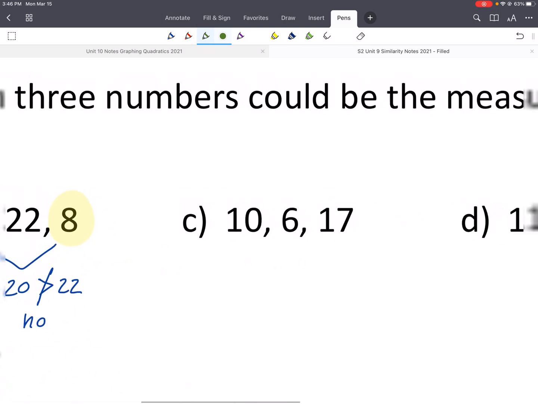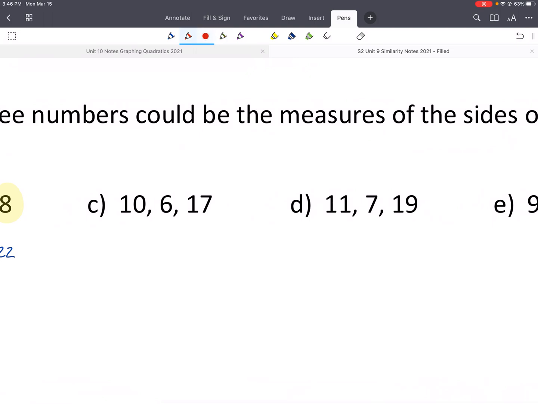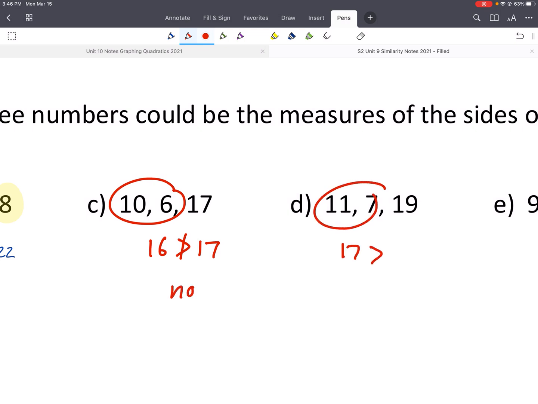All right, pause and see if you can do the last 4. All right, so the two smallest, that gives you 16, which is not greater than 17, so we would say no. We could do 11 plus 7, that's 18, which is not greater than 19.